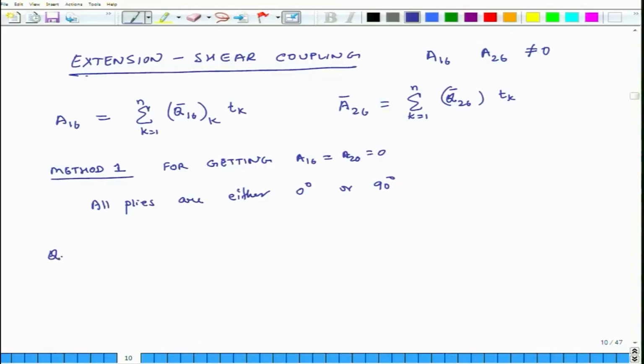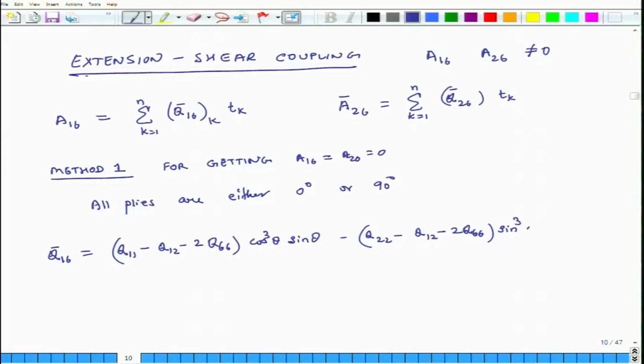Because Q16 bar is equal to (Q11 minus Q12 minus 2Q66) times cosine theta sin theta, minus (Q22 minus Q12 minus 2Q66) sine cube theta cosine theta.